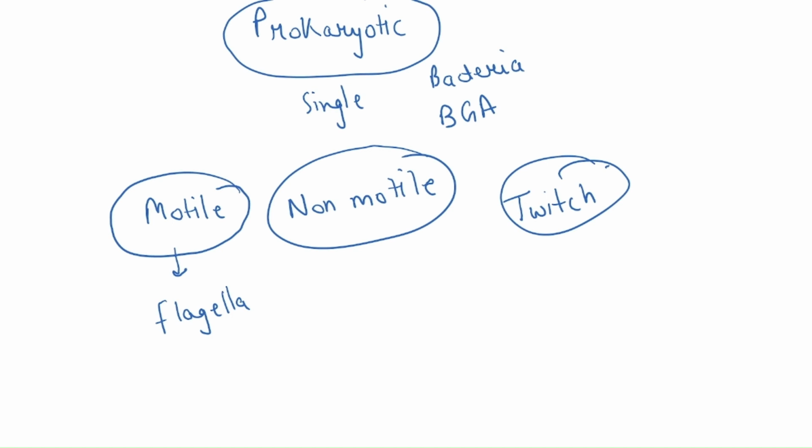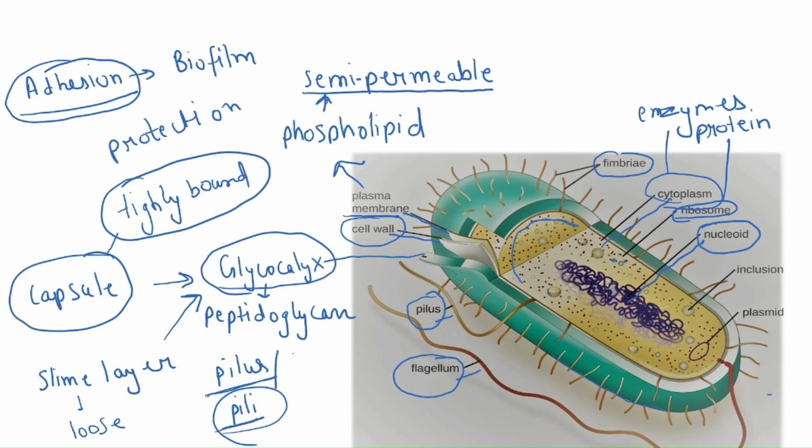Some bacteria also move by secreting slime, to move smoothly across a surface.